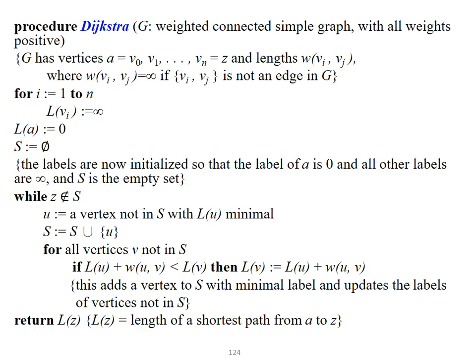All right. So once we have updated all the lengths of the other vertices, then that's the end of the while loop. Okay. Then in the next iteration, after we update all these lengths of the vertices, which vertex has the minimal length?